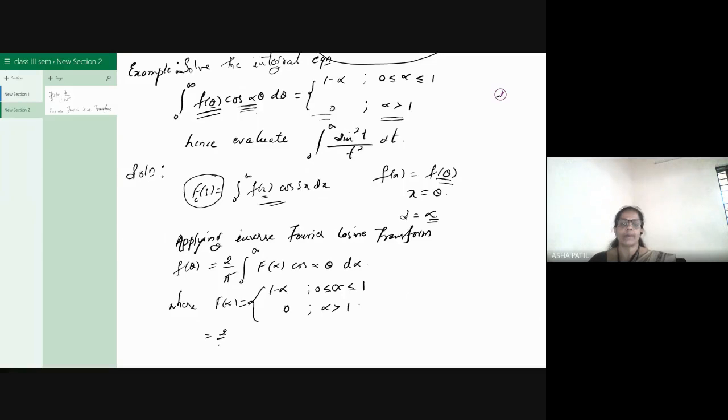Therefore 2 by pi, integration from 0 to 1 and again from 1 to infinity. In the interval 0 to 1, F of alpha is 1 minus alpha into cos alpha theta d alpha. Second integral, it is 0. Now try to evaluate this integral.